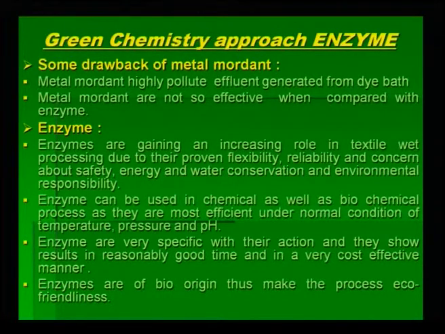Some drawbacks of metal mordants. First, you have to understand metal mordants highly pollute effluent generated from the dye bath. Metal mordants are not so effective when compared with enzyme. So, we saw that when metal mordants had to be used, it was something like 2 to 4% of the weight of the fabric.